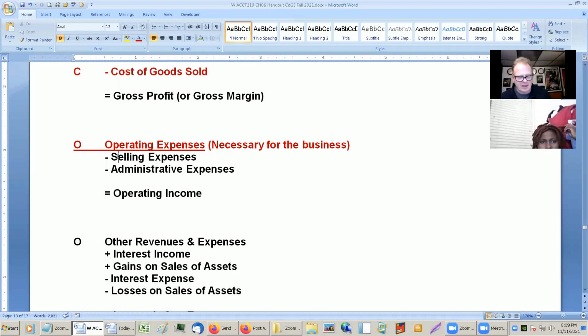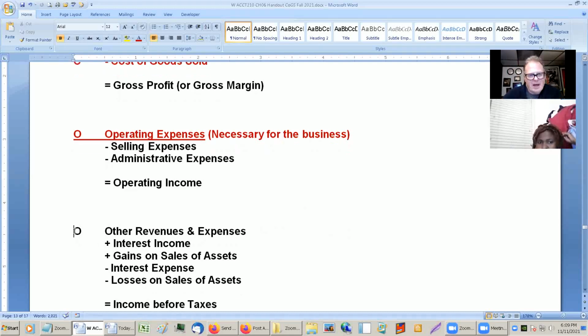Administrative expenses are things like the accounting department, upper management, finance people, those sort of people that aren't necessarily selling anything, but they're still necessary for the business. Now, to contrast this, down here, other revenues and expenses are things that are not necessary. They're things that are termed as incidental to the business.